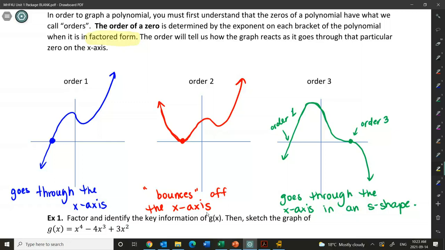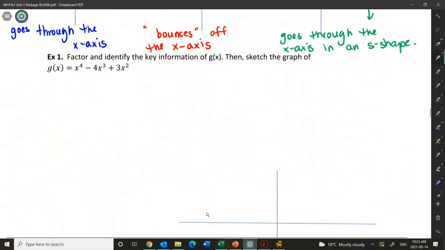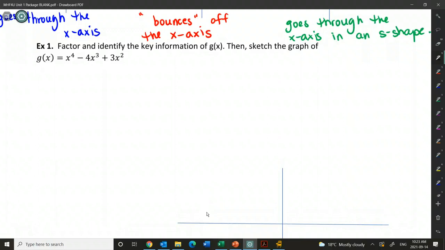All right, so let's take a look at an example here. So we are going to factor if necessary, always, and then we're going to identify some of the key information, so things like degree, end behavior, leading coefficient, zeros and their orders. What we can fill out already now, because we're in standard form here, is we can fill out degree, leading coefficient, and end behavior.